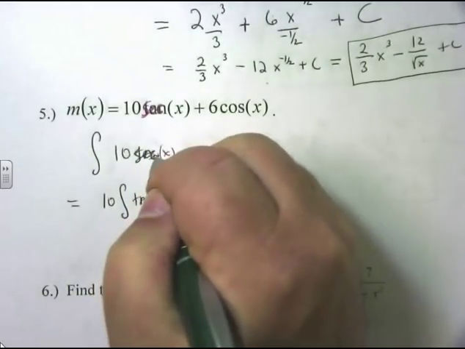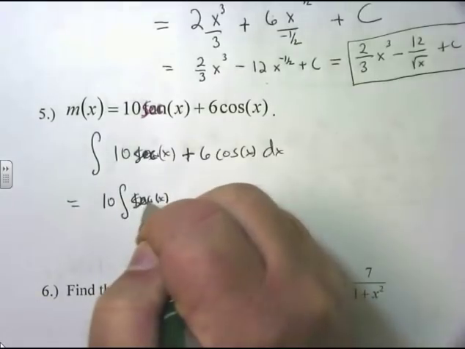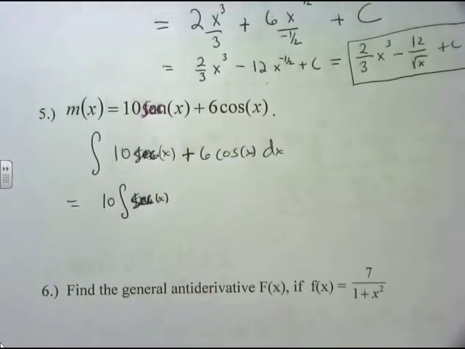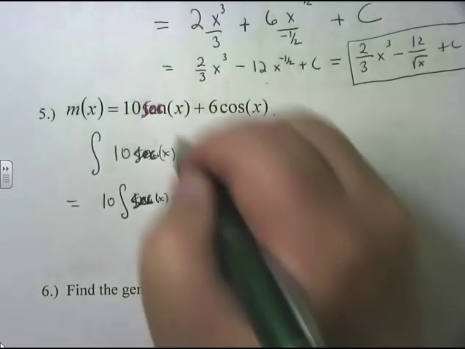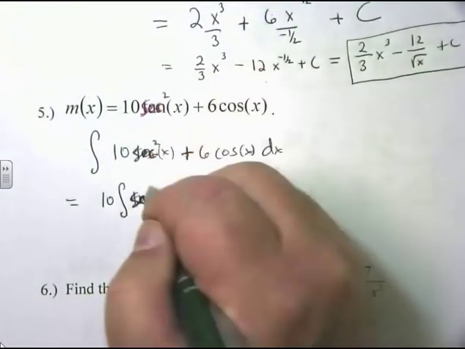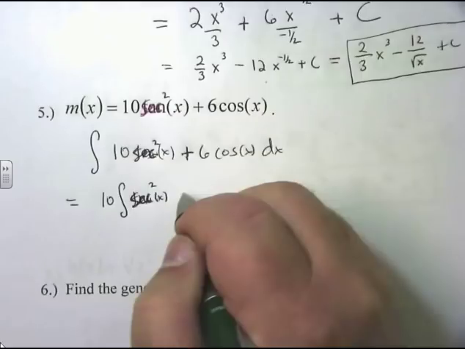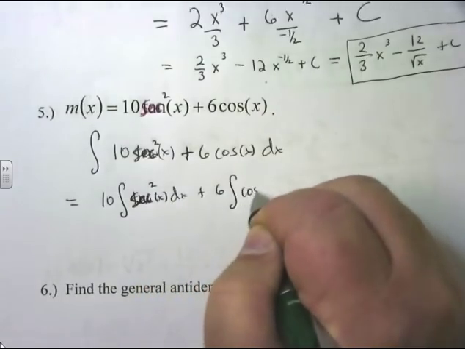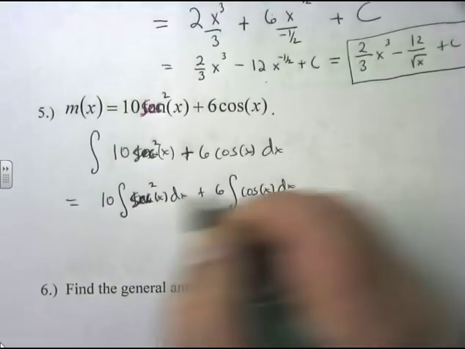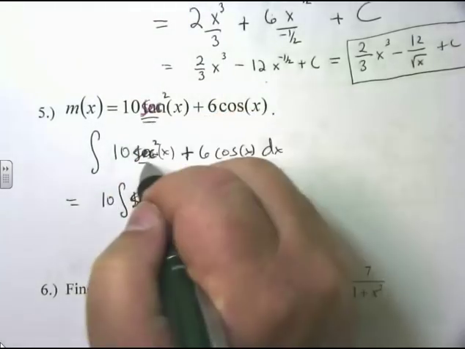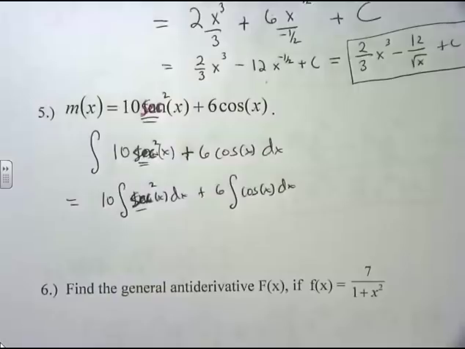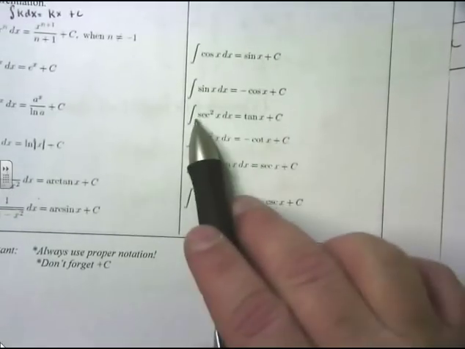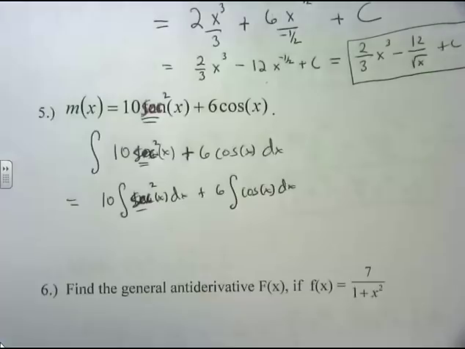This will be a secant squared of x, plus 6 integral of the cosine of x dx. This was a typo before I started this problem because the integral of tangent isn't one we have memorized. The derivative of tangent we have, but the integral of secant squared is the tangent. That's actually what I meant to type up there.